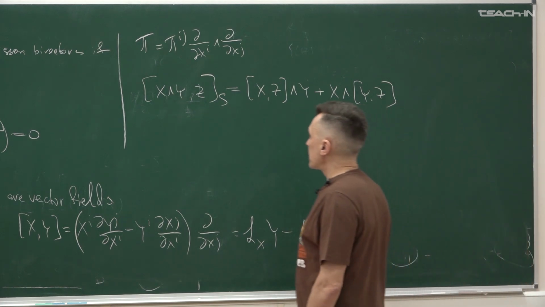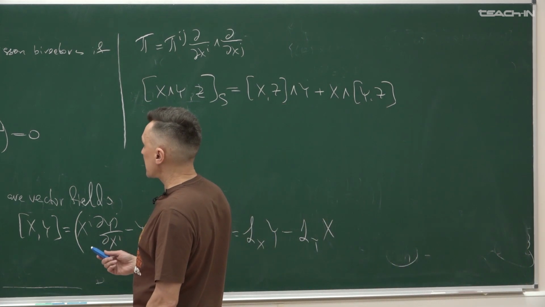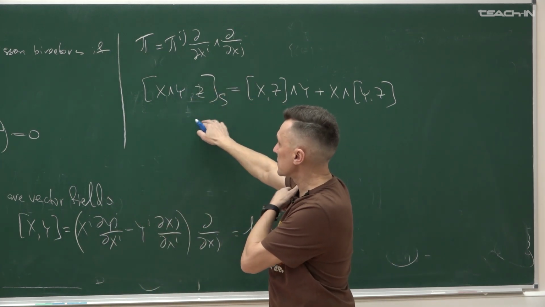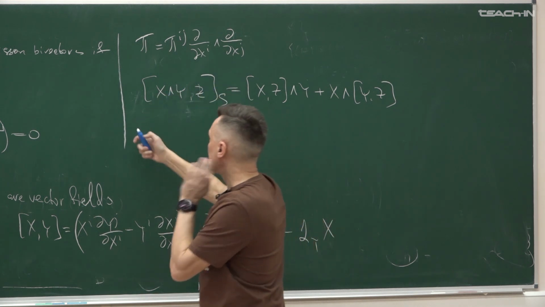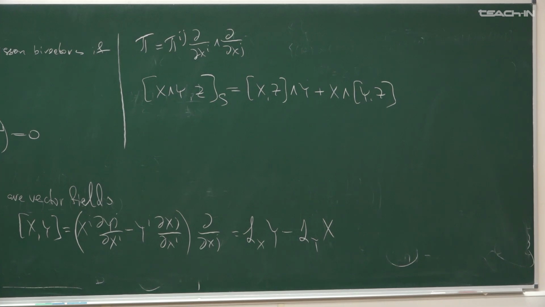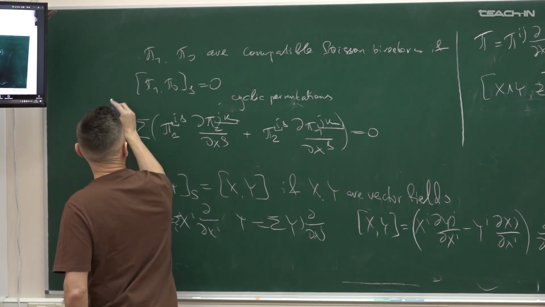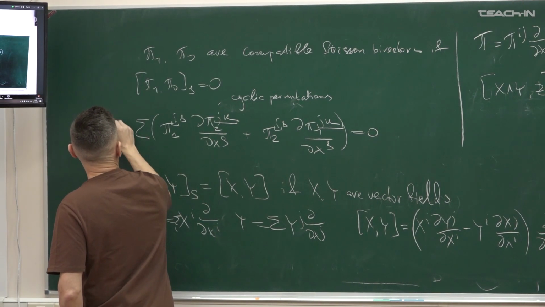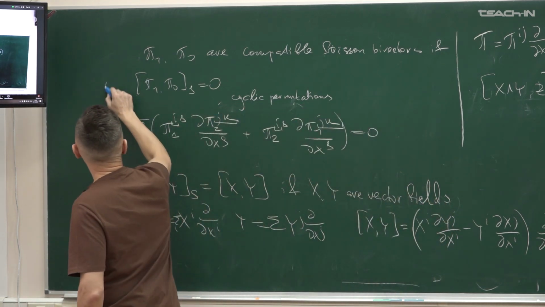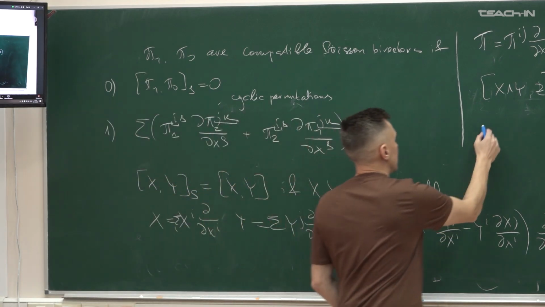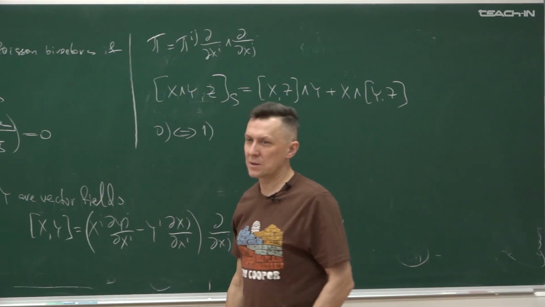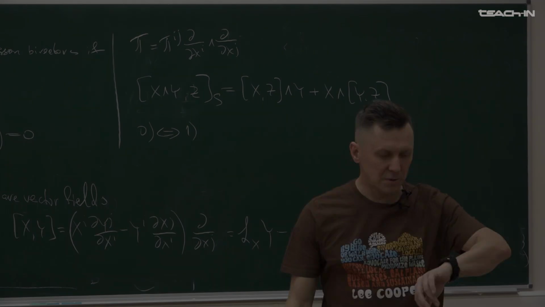So the first problem is to understand that the extension of this operation to bivector fields says the following, that this zero condition is equivalent to one condition. Let's try to do it.